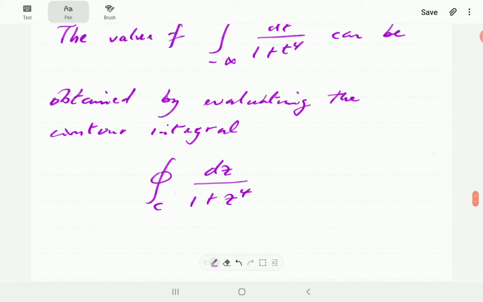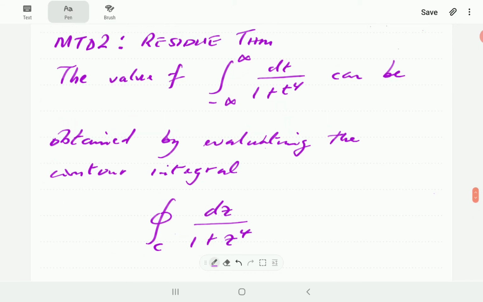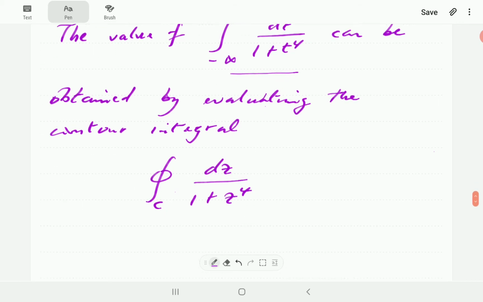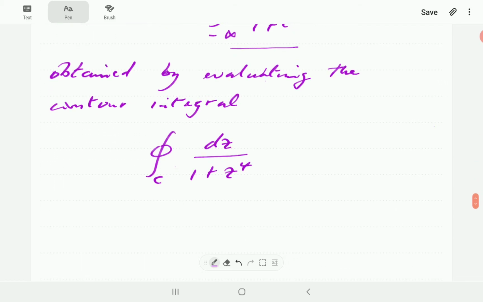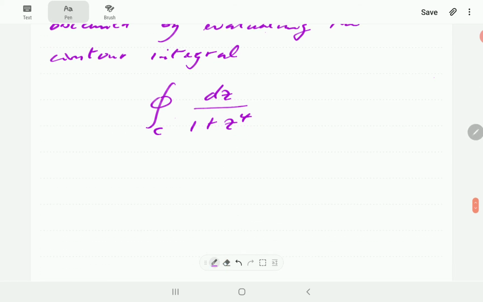Now the residue theorem says the value of this integral is just going to be 2 pi I times the sum of the residues of the function f of z.